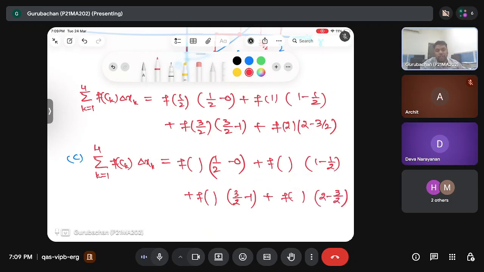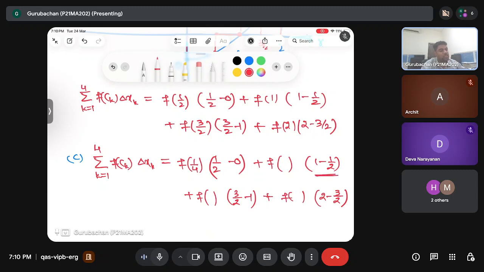What is the midpoint of the interval 0 to half? Anyone? Do you know the midpoint? Archit? Dev? So the midpoint of the interval is 1 by 4.